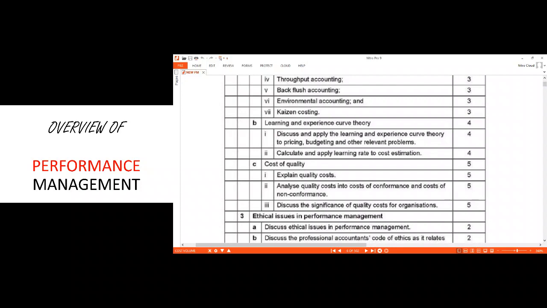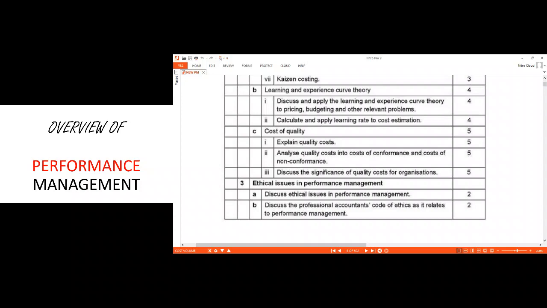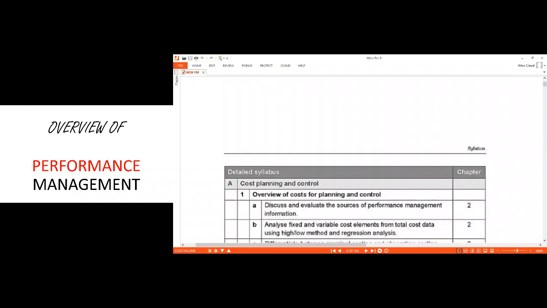Then we'll talk about the significance of quality cost to an organization. Then we'll take a look at the ethical side of performance management. Then we'll discuss the accountant's code of ethics.